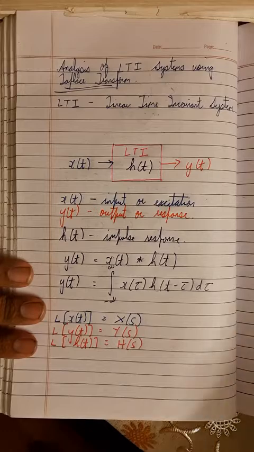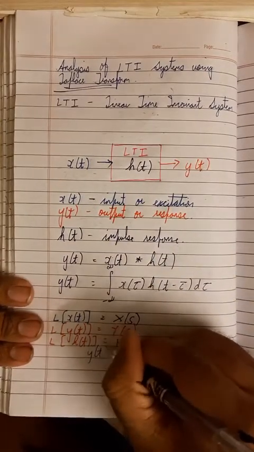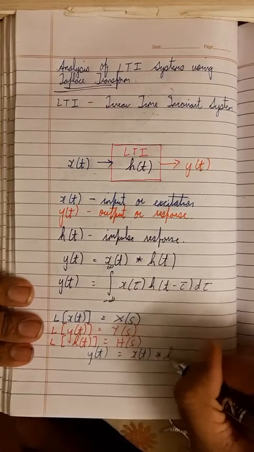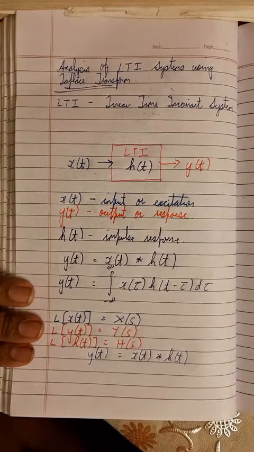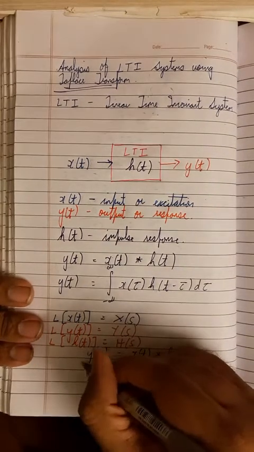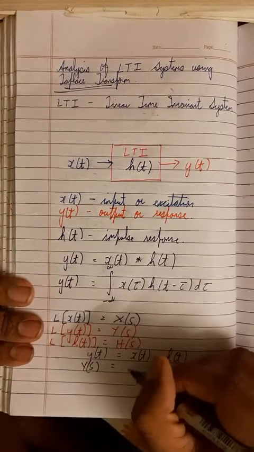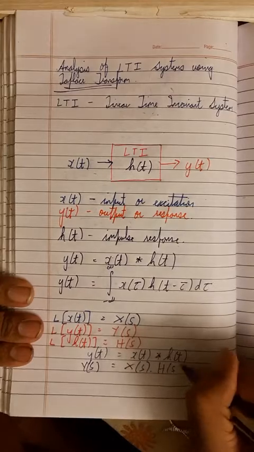According to the convolution property of Laplace transform, y of t is equal to x of t convolution h of t. If I apply Laplace transform to this equation, then this becomes Y of s is equal to X of s into H of s.